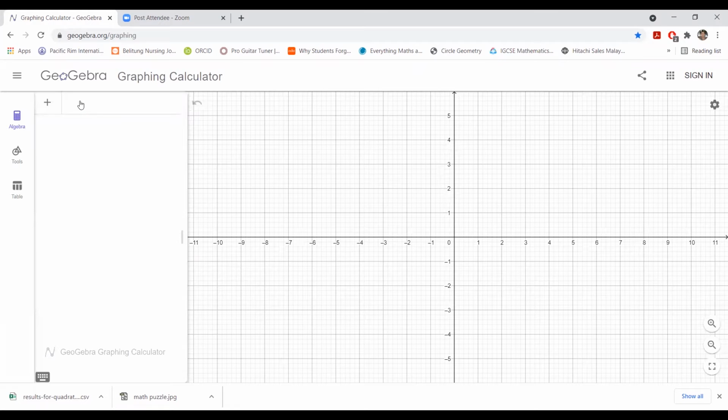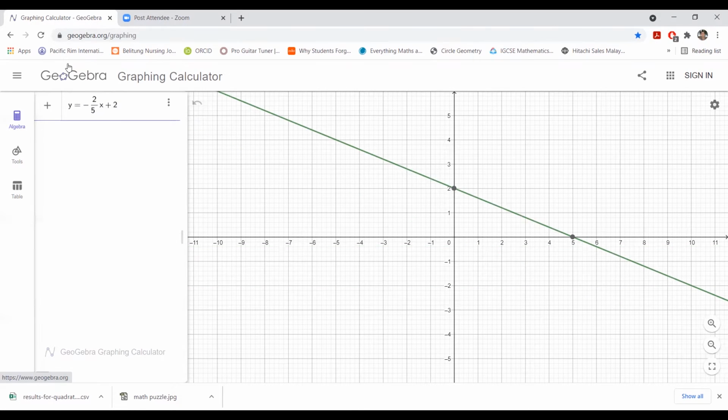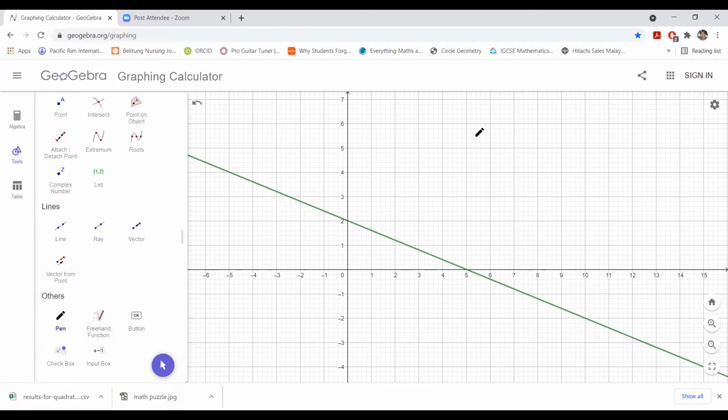But if your graph is negative, let's do a harder one: y equals minus 2/5 x plus 2, like that. Okay, so let's think about this graph here. When we come to coordinate geometry in semester 2, we'll do this again.